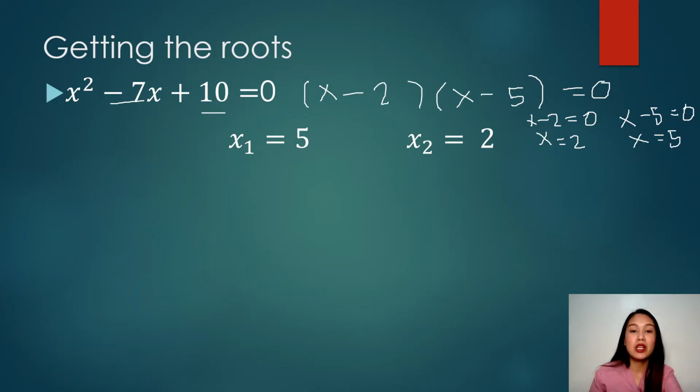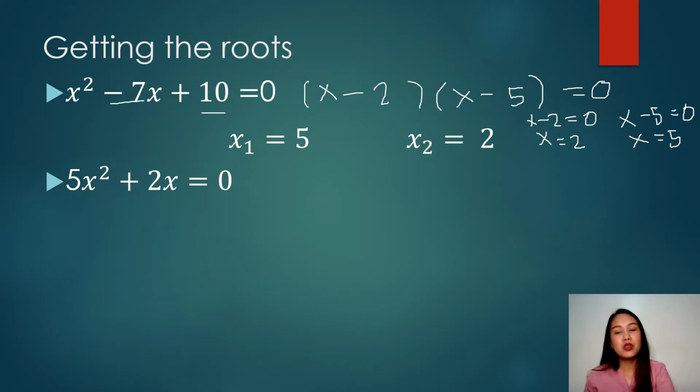All right. Let's move on with the next example. This is 5x squared plus 2x equal to 0. So for this, we can also do factoring because we are missing the constant term. There is something common between 5x squared and 2x, and that is x.